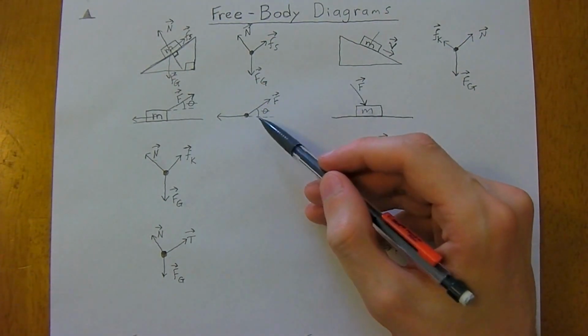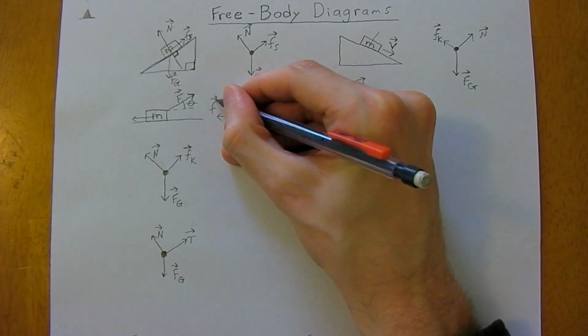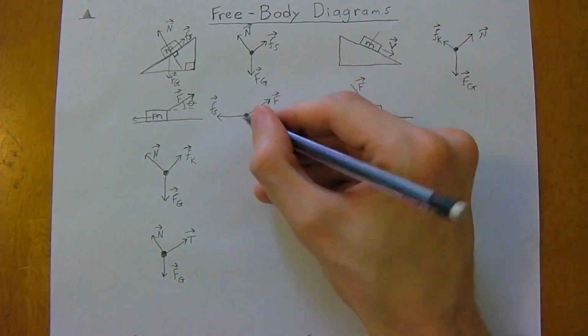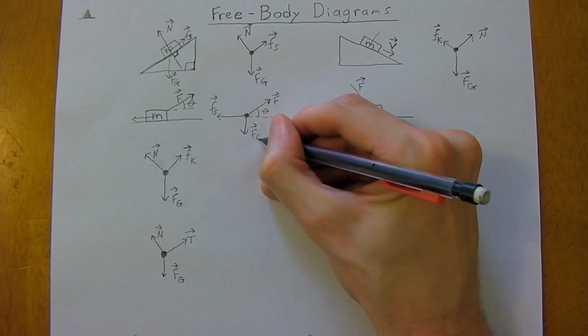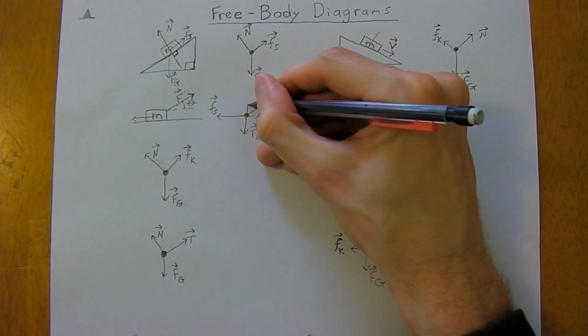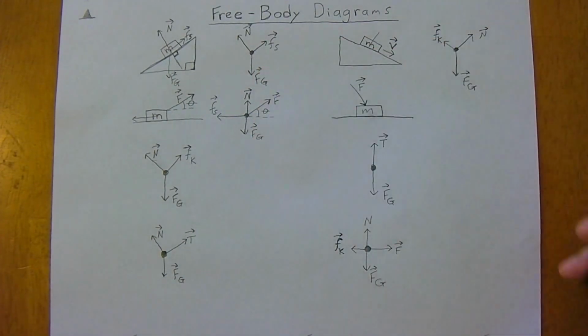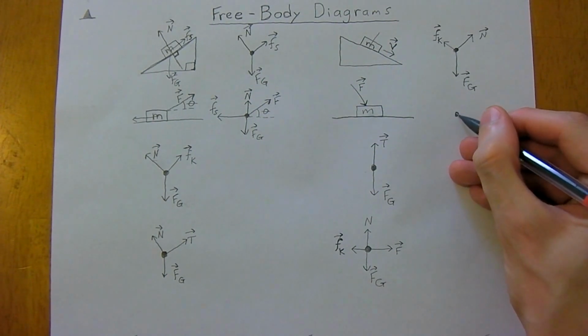Well, if it's not moving, then it's static friction holding it in place. And then, of course, we have the force of gravity pulling it down, and the normal force counteracting the force of gravity moving up. So in this situation, hopefully this is starting to become routine.